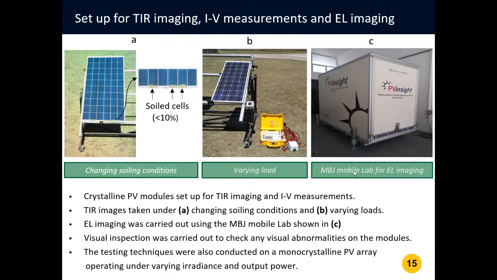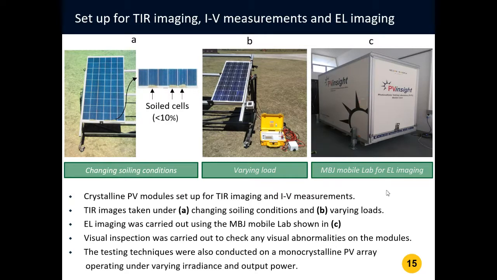TIR images and IV measurements were also taken on a monocrystalline PV module that was operating under varying load. And EL imaging of the modules was taken using the MBGA mobile lab.